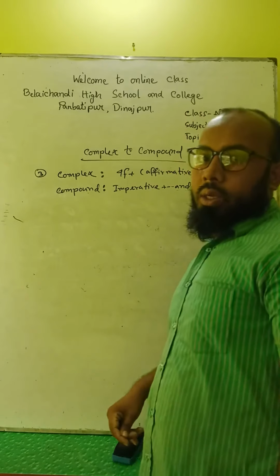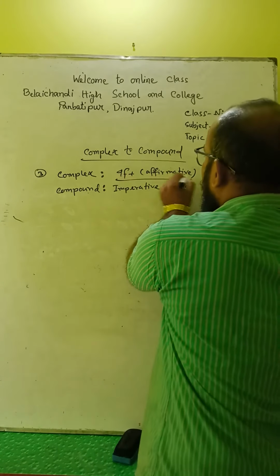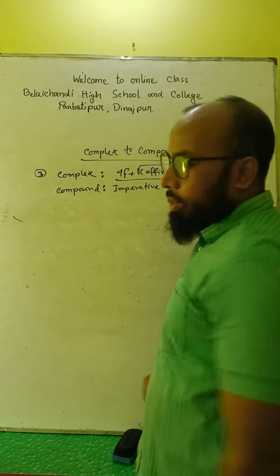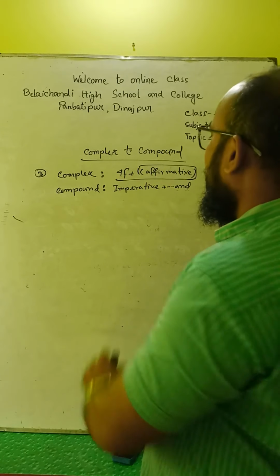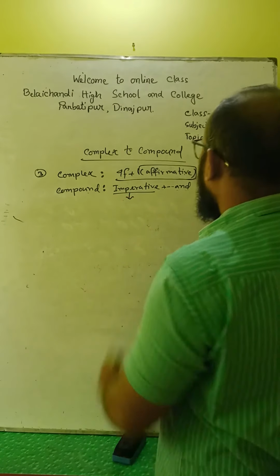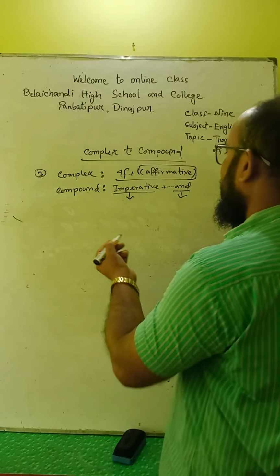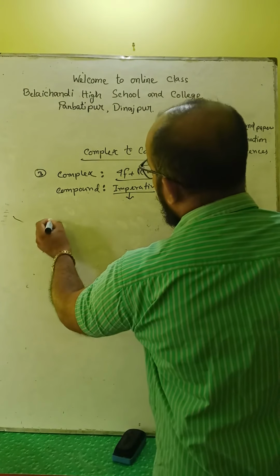When complex sentence starts with if and this is an affirmative sentence, we have to make it at first imperative sentence, and then we have to use and as a connector or conjunction. Look at the example.